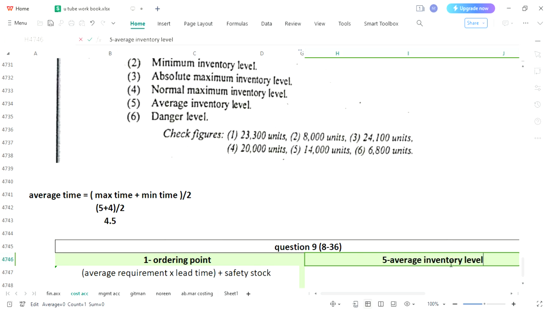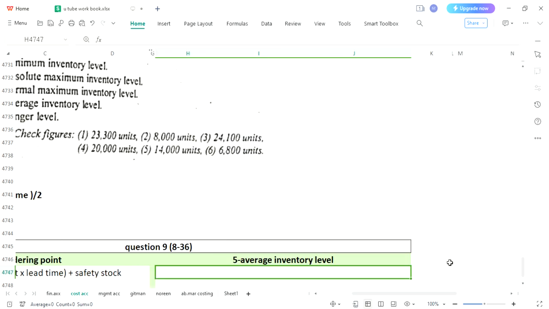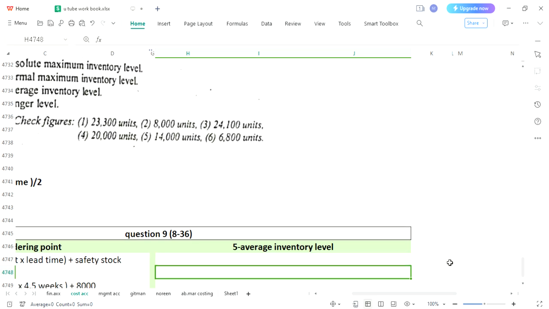I am sure that few of you would have the formula in your mind. For that, what you will do, economic order quantity is needed, then you will divide it by 2, close your bracket, and then add safety stock. So this would be the formula for average inventory level.